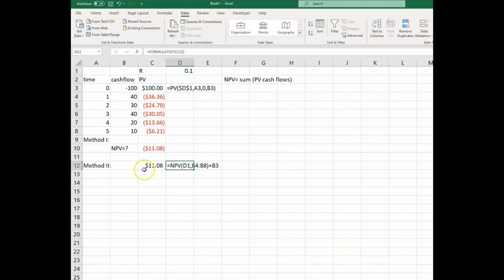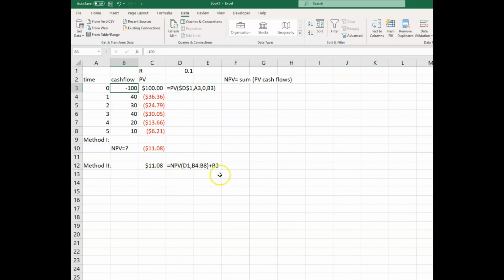So this is the formula. I repeat: the Excel NPV function only applies to future values. It assumes the first cash flow happens at the end of the first period, so we cannot apply it to the cash flow at time 0.